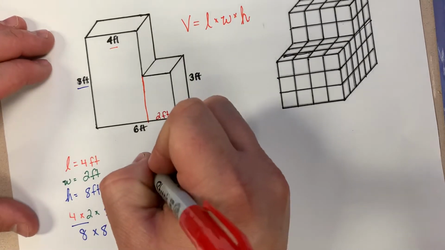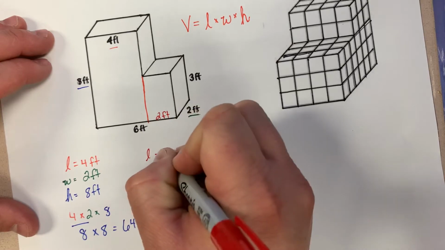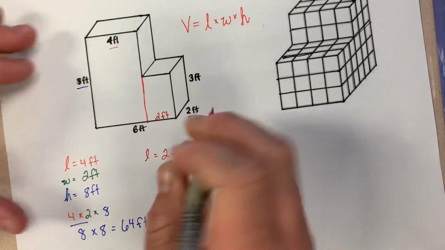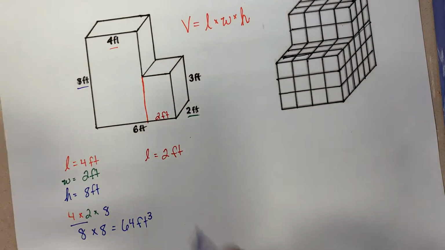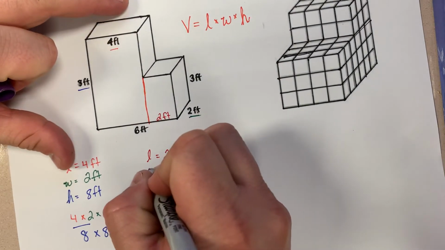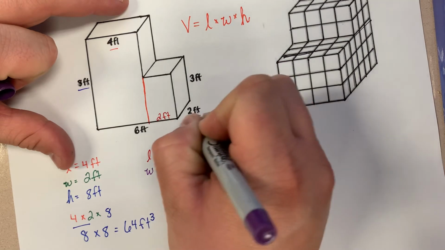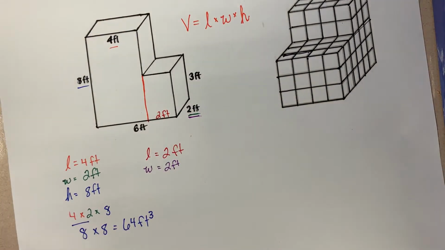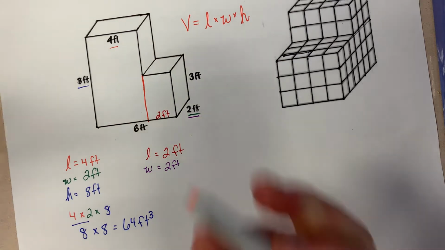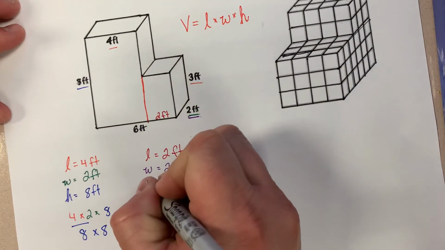So I've got a length of 2 feet. I've got a width of 2 feet from the same number that I used on the other one. And I've got a height of 3 feet.